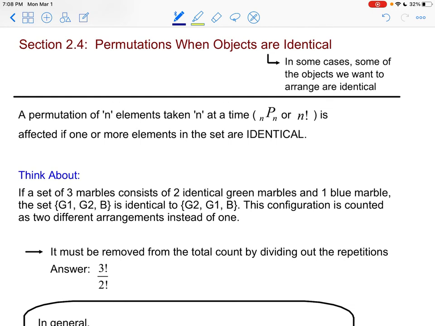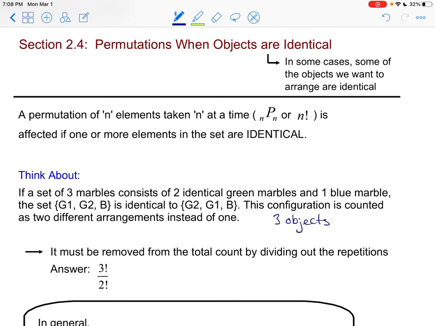So how we've been doing these questions up till now, if you were to sort these objects, those 2 configurations are counted as 2 separate things. So we would normally say that we have 3 objects here that we are sorting, so we would use 3 factorial.